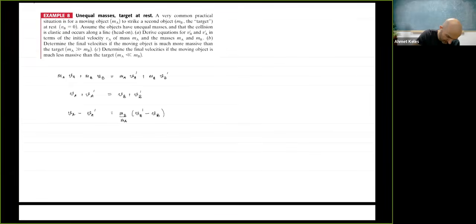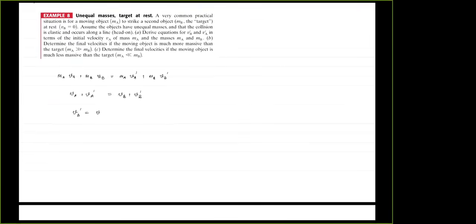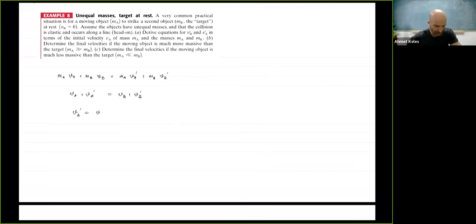Because I am trying to solve it for, what am I trying to solve it for? The initial velocity of B is 0, but I don't want to put that in. I want to keep it general.